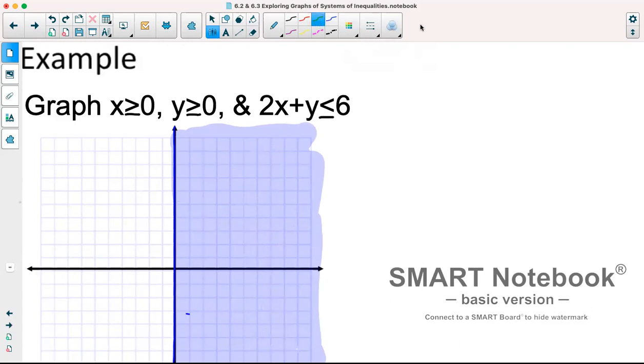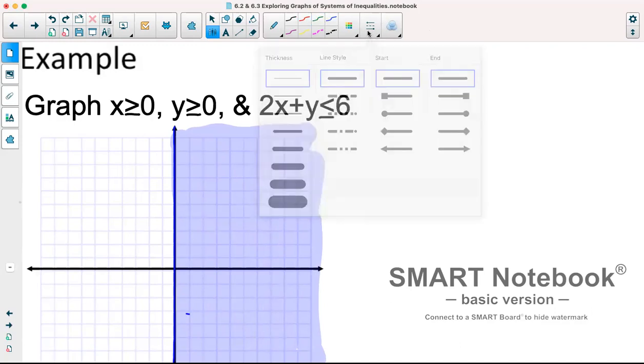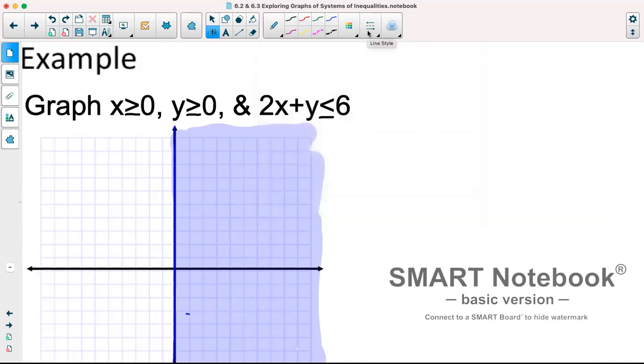Next, we've got y is equal or greater than 0. That's just going to be a horizontal line where y equals 0. So right along our x-axis, we're greater than it, so that'd be everything above it.